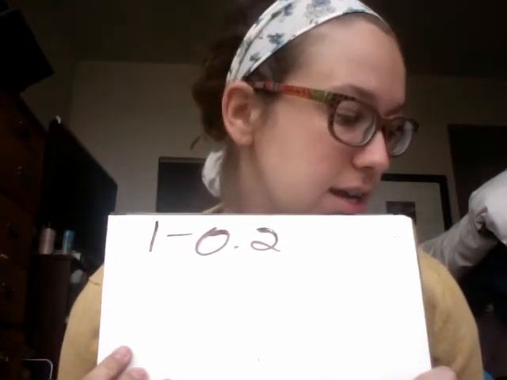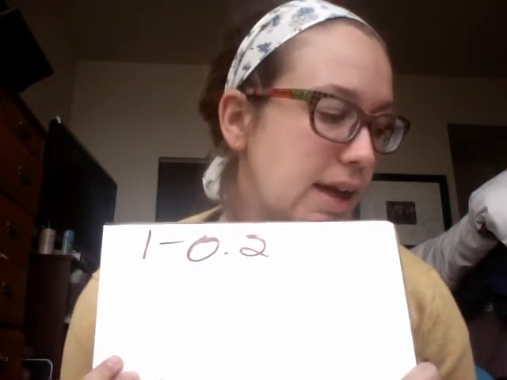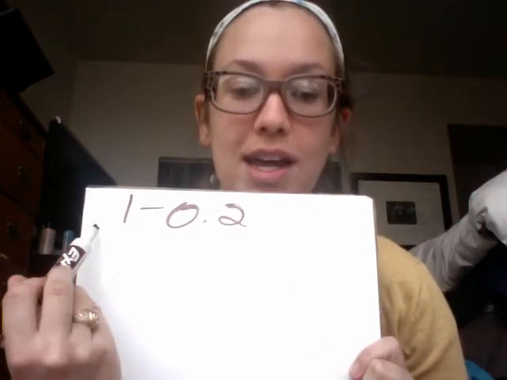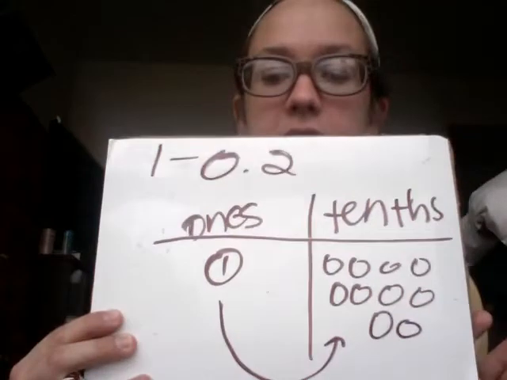Well, look at page 36. So this is 15b. What happens is our little man, Ed, changes our 1, he renames 1 whole into 10 tenths. So let me draw this out. Because, remember, 1 we can trade and rename to 10 tenths.